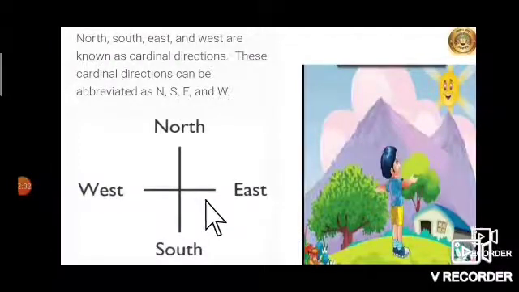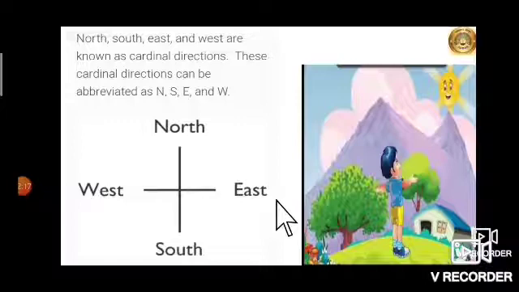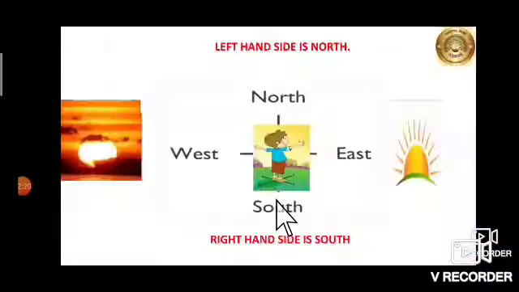Students, these are the main directions, and if you know where the sun rises from, then it is very easy to understand how to identify the other directions. So the sun rises from the east. To identify the direction in the morning, you have to get up and understand where the sun rises from.